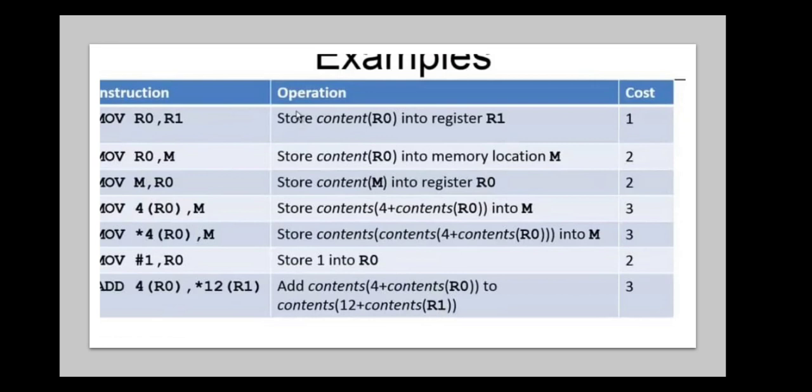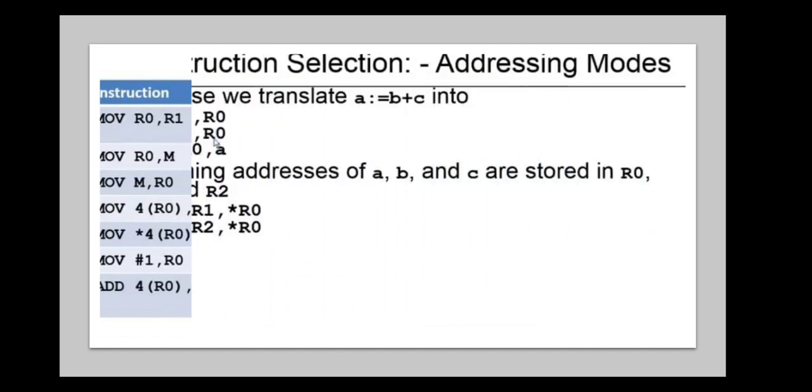And now we have to concentrate on this sign, the hash 1: it will be 1 and move has 1. Now we add these two things, and the result will be stored in R0. In the next step, add has 1, 4(R0) has 1, star 12(R1) has 1, so the total cost will be 3. As per the examples, the cost is shown.